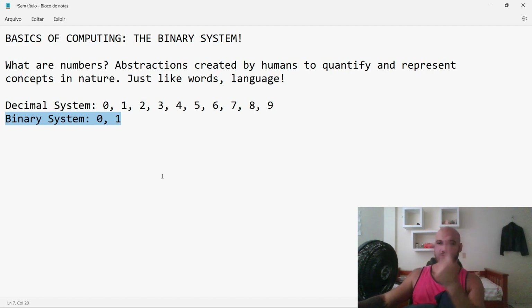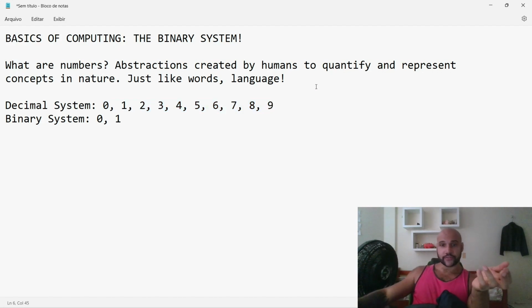We're going to use two digits, 0 and 1, in order to count. Generally speaking, actually, 99.9% of the time, we use the decimal system. Why decimal? Because we have 1, 2, 3, 4, 5, 6, 7, 8, 9, 10 digits. This is why it's called the decimal system.